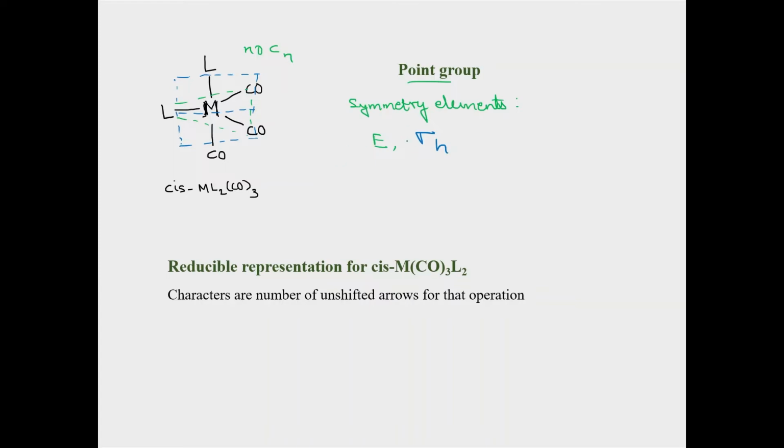If a molecule has only these two symmetry elements, that is E and sigma h, then the point group of this will be Cs. So the point group here is Cs.